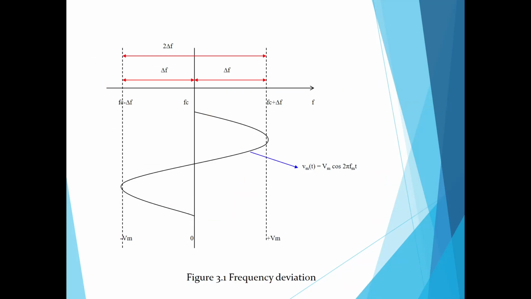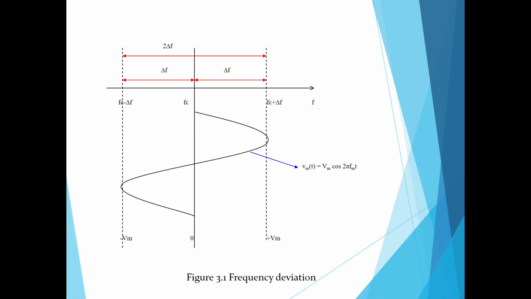And we have seen from this graph previously that in angle modulation, the frequency of the carrier changes in accordance with the amplitude variation of the input message. So the amplitude variation of the input will change the frequency of the carrier. Remember, in angle modulation, if the frequency of the carrier changes, we are actually indirectly changing the phase of the carrier as well.